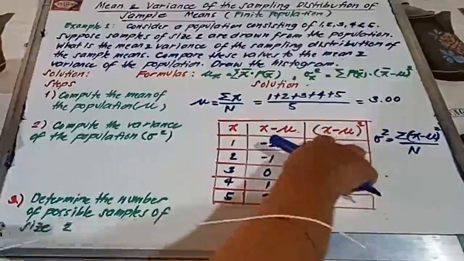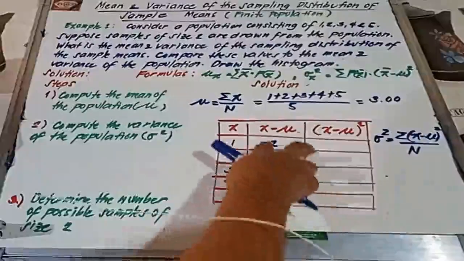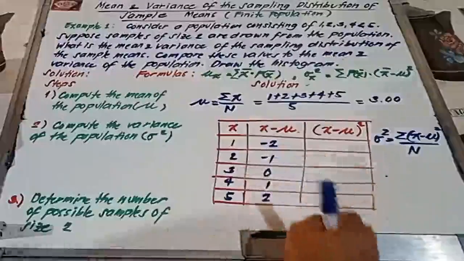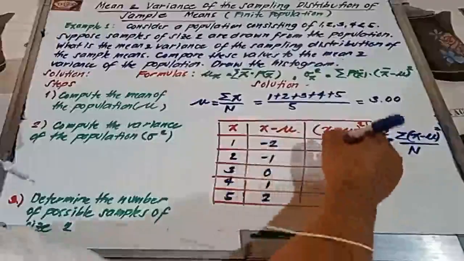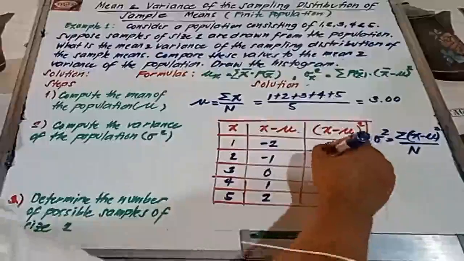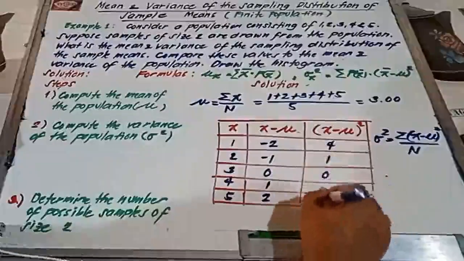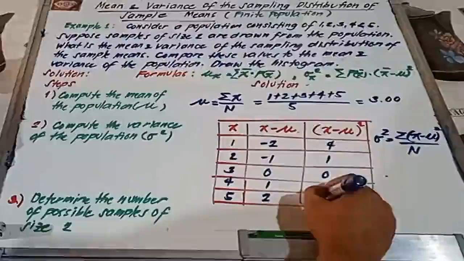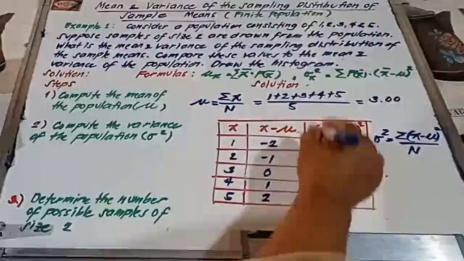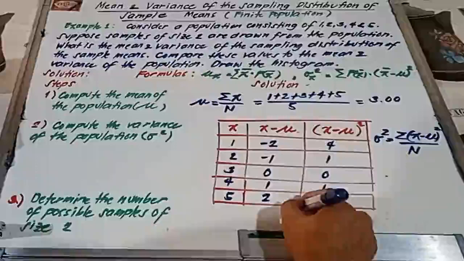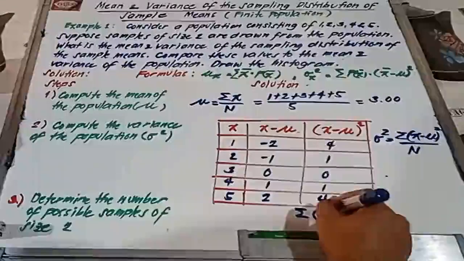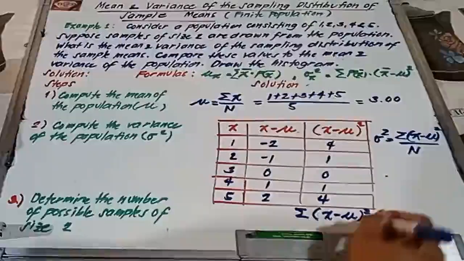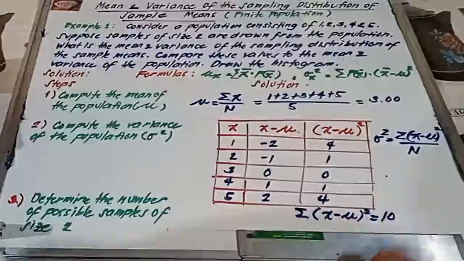And then, kukunin daw natin yung square of this x minus mu para makuha natin yung third column. Square of negative 2 is 4. Square of negative 1 is 1. Square of 0 is 0. Square of 1 is 1. And then, square of 2 is 4. Then, we get the summation of this column. Summation of x minus mu squared is equal to 10.